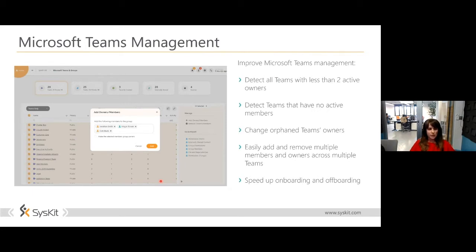These bulk management options can come in quite handy if you have a lot of people coming or leaving your teams. This is really useful for onboarding and offboarding, because if you open one of your user profiles, you will easily detect all the memberships of your users and then either remove them with one click or add them to multiple teams using our bulk management.